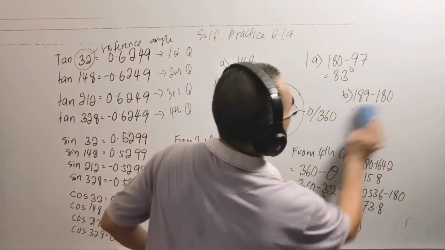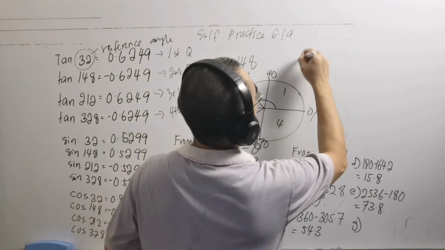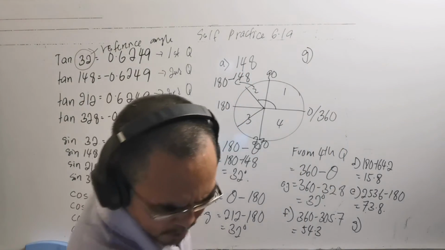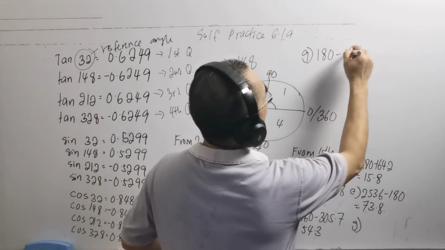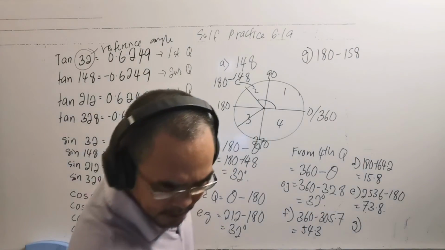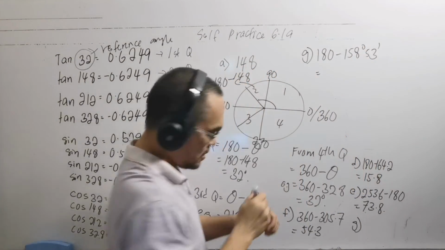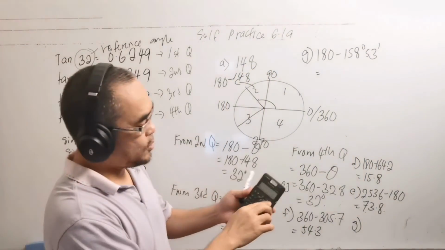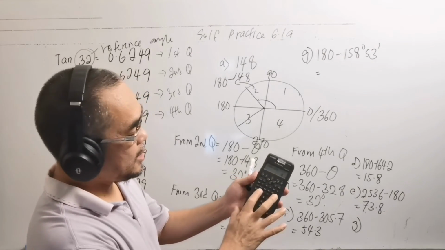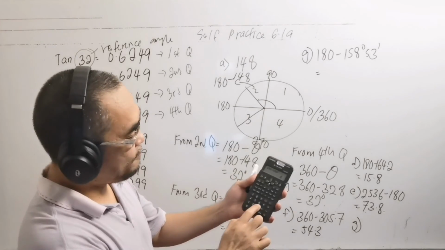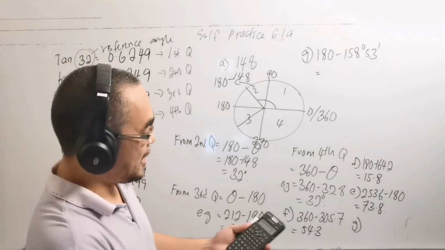So you put 180 minus 128, you put degrees, and then 53, you just say minutes.